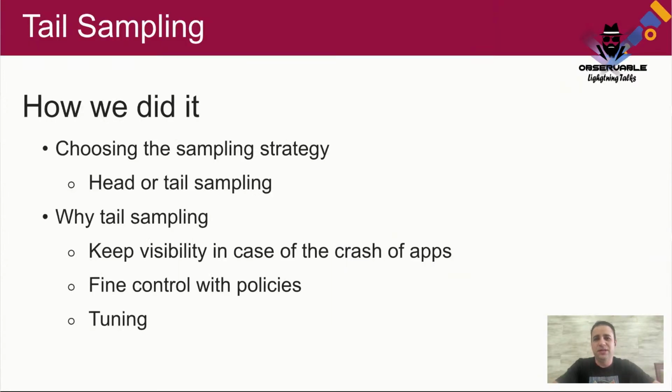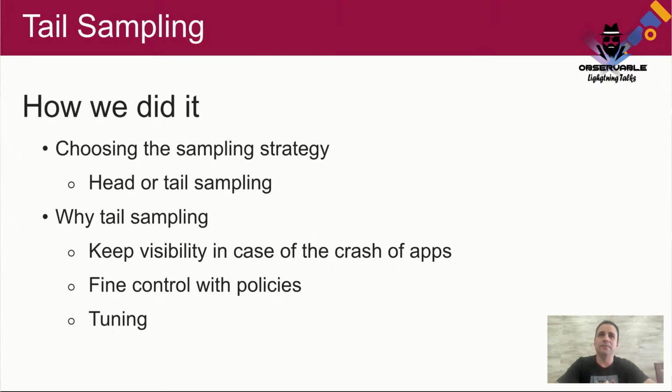The point here is that, at the moment we chose to implement sampling, we had two options that were considered. The main option we had was head sampling. Head sampling is a sampling technique that has a problem, and we discarded this possibility for one reason.